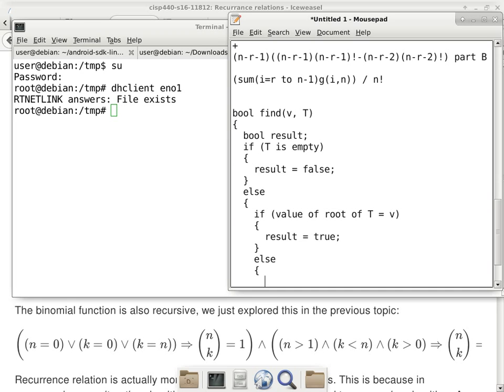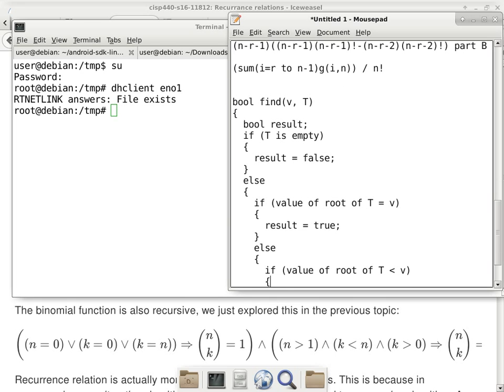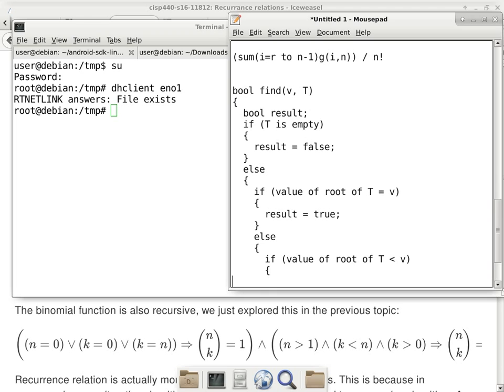So that means I have to compare. So now I have to say if the value of root of t is less than v. Mind you, this is not the most efficient way to write this code. It just illustrates the rationale behind it. So if it is less than the value, or the value is greater than, that means it's on the right-hand side.